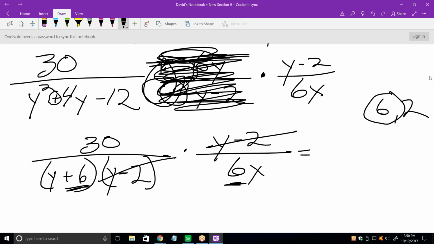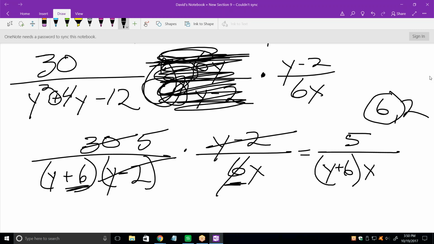What's 30 divided by 6? 5. Okay, that's the only thing left in the top. The bottom, the only thing left is y plus 6 times y. In other words, this 6 goes away when I change that to a 5. There's the answer.